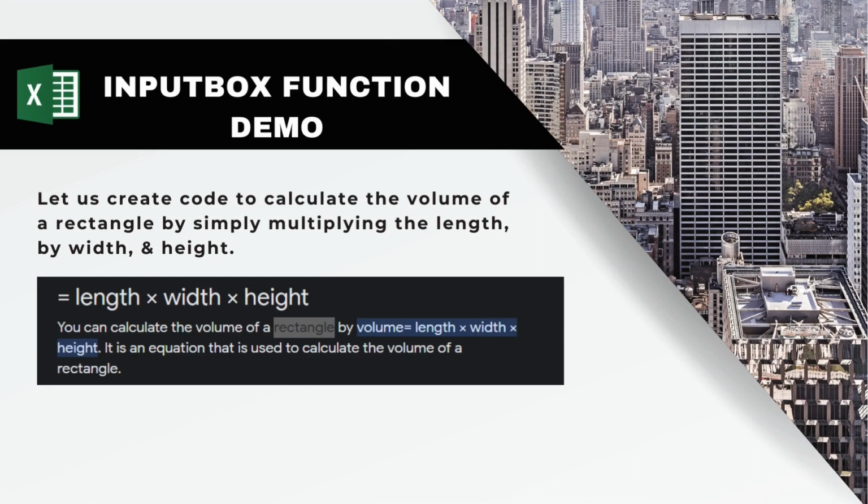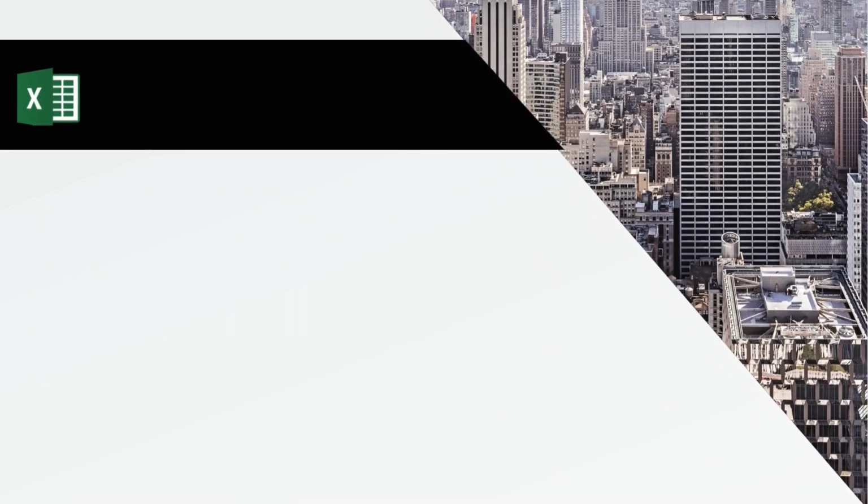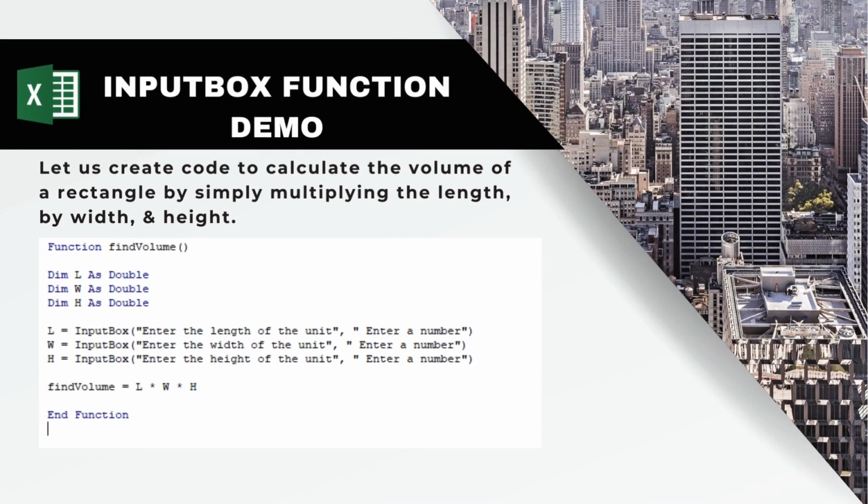Before we do that, we're going to look at the plan. The plan is to use a function and tie it into a worksheet, if you will. We're going to be declaring the length, the width, and the height as doubles.